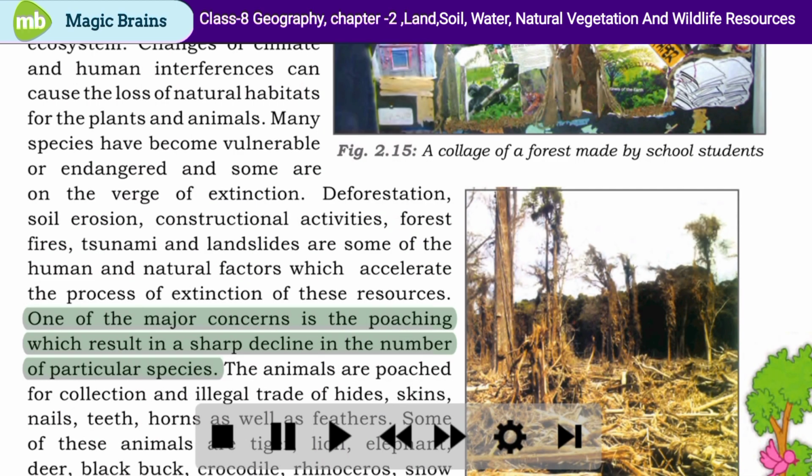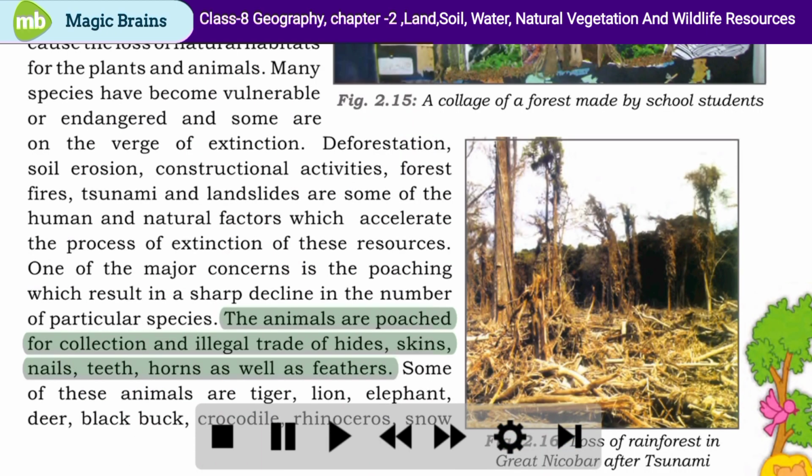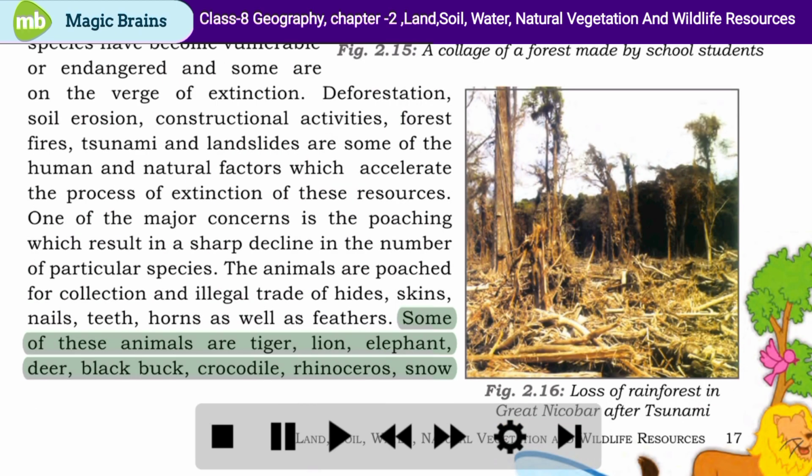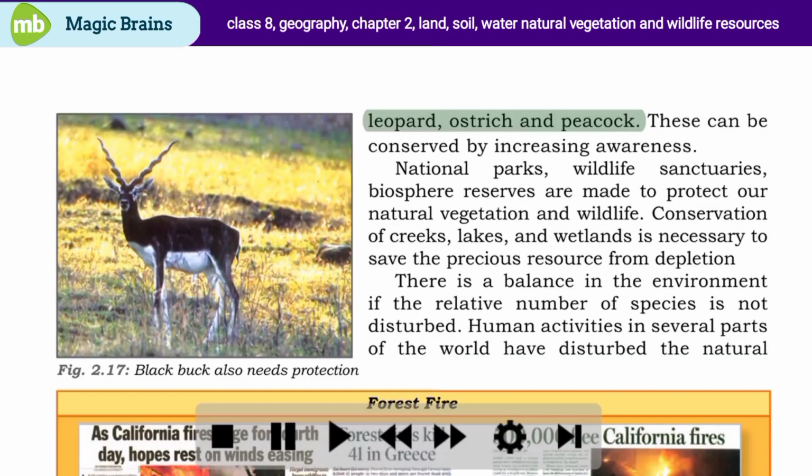One of the major concerns is poaching, which results in a sharp decline in the number of particular species. The animals are poached for collection and illegal trade of hides, skins, nails, teeth, horns, as well as feathers. Some of these animals are tiger, lion, elephant, deer, black buck, crocodile, rhinoceros, snow leopard, ostrich, and peacock.